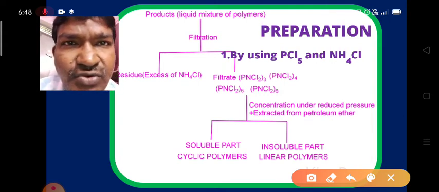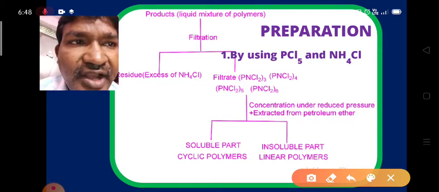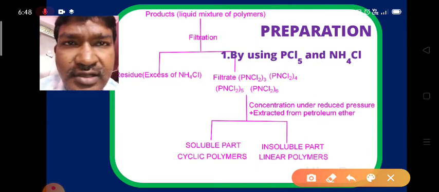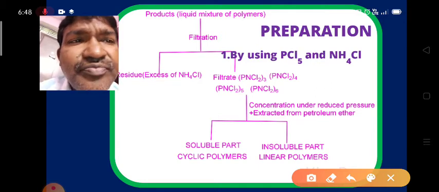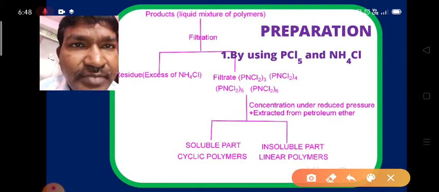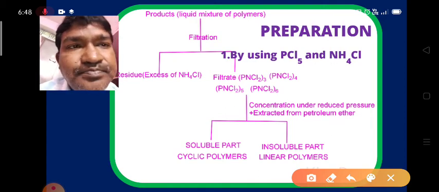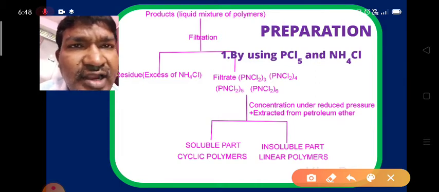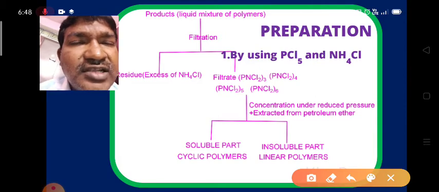First of all we have to concentrate the filtrate by evaporating the solvents, and after that we add petroleum ether. Whenever petroleum ether is added, some portion of the mixture dissolves in it, and some portion does not dissolve.